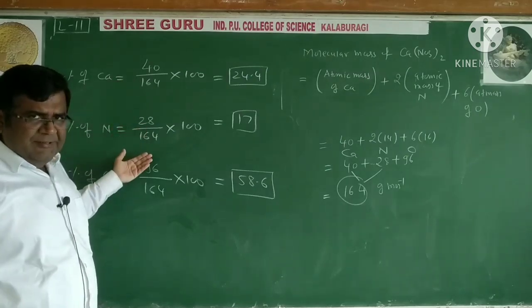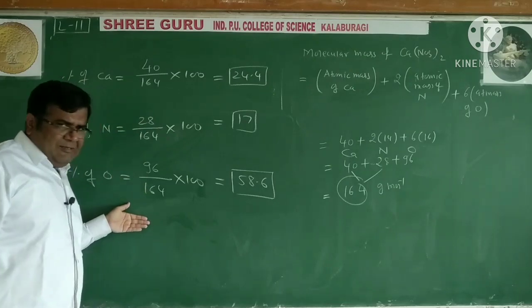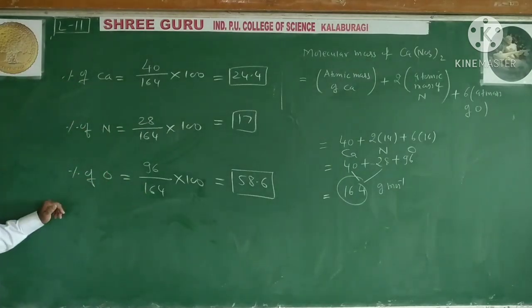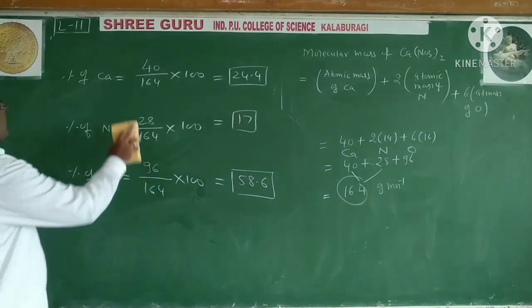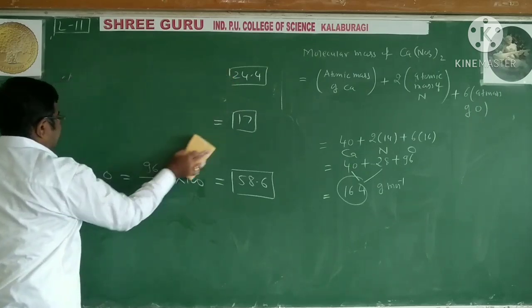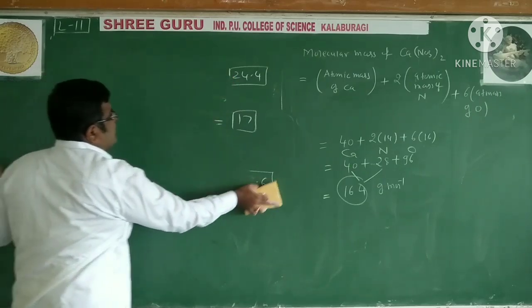That is another way. But as we are using the formula, we have calculated in this way. So these are the percentages of various elements in a molecule of a compound. Yes, write this. This is also a type of question frequently asked in the examination. Maybe they will change the molecule, but percentage of element is quite a frequently asked question.